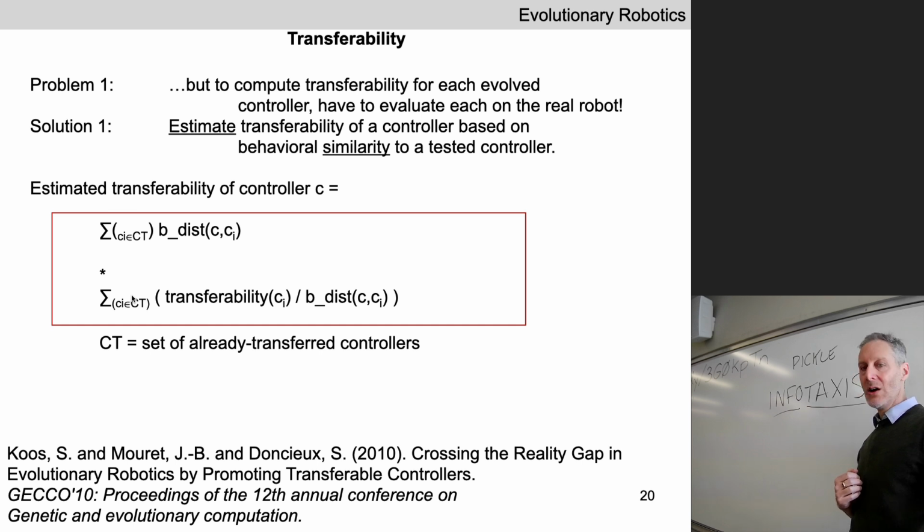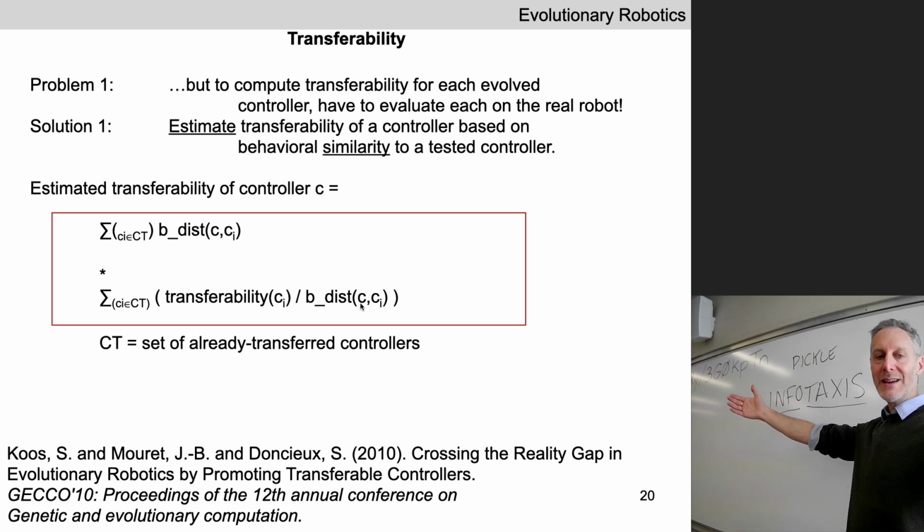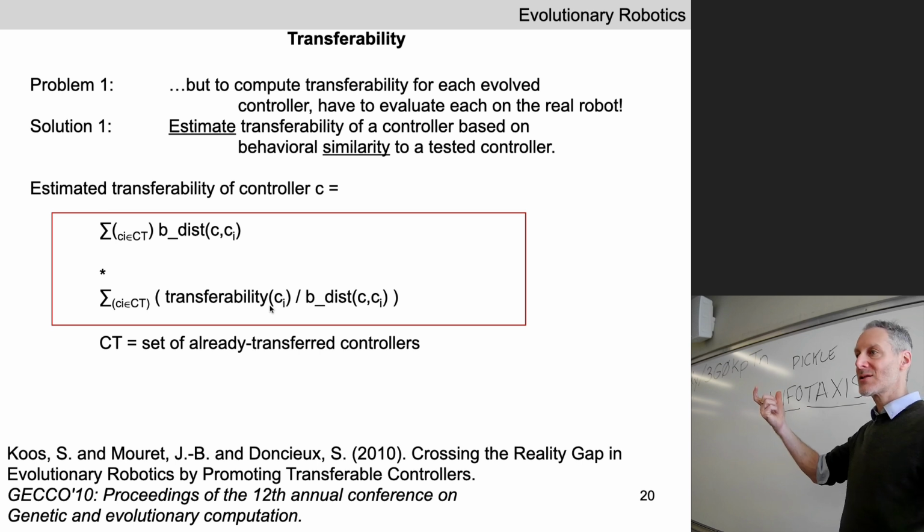Everybody see that? Alternatively, if an already sent controller is similar to the controller we're trying to estimate transferability for, then this value is quite close to 0, and that amplifies the contribution of C sub i's transferability to the estimate of the transferability of C.